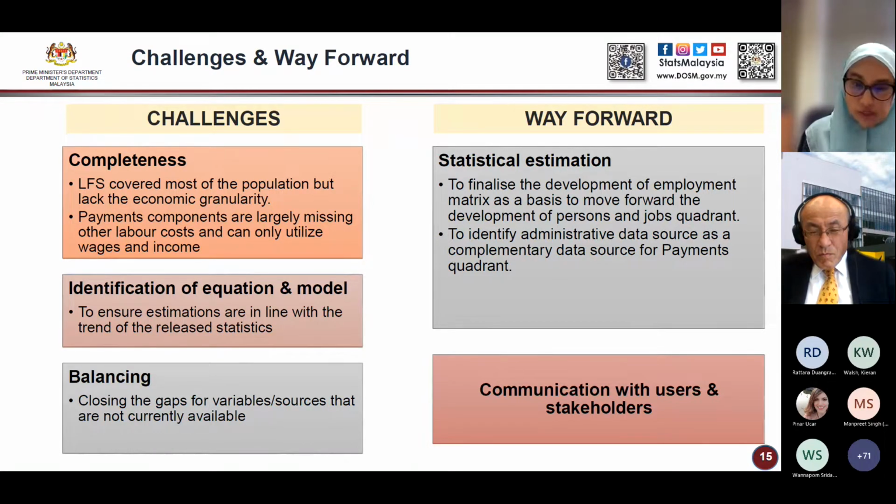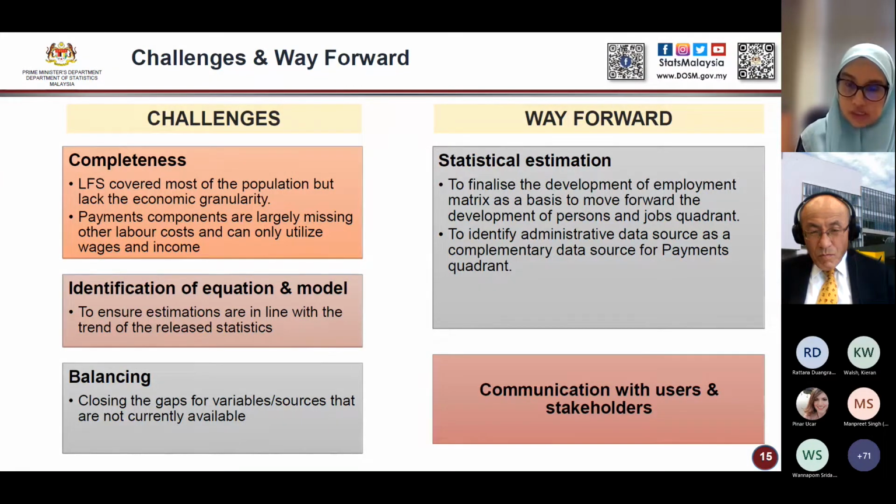In terms of data repository, this is actually a system. So while we are developing the labour account and the labour market information analytic platform, the framework that we use to produce the statistics is based on the 4 quadrants of the labour account as well. So, all right.